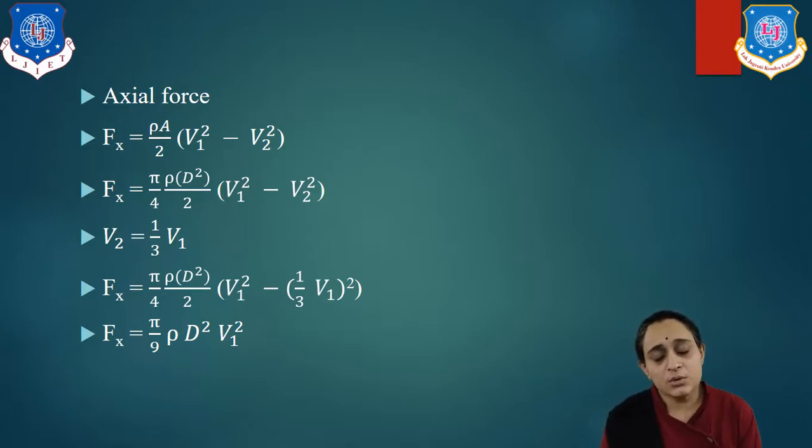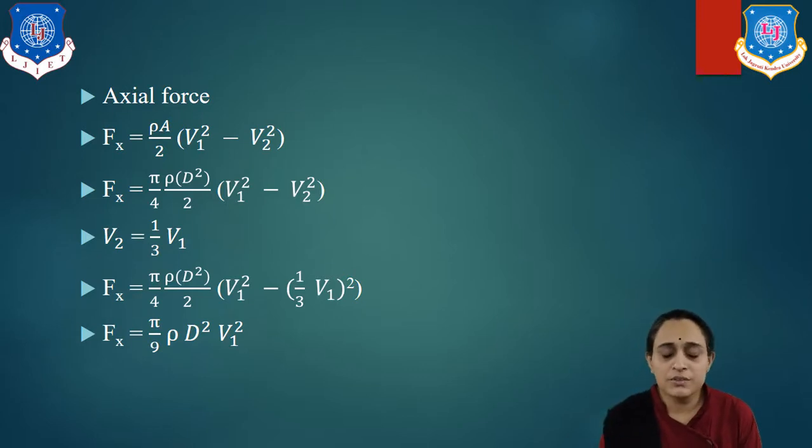So finally we will get the axial force equation as pi by 8 rho d square, V1 square minus V2 square. Now if we want to find out the maximum axial force, then we have to write down the maximum velocity equation. So here we have already got the equation as V2 is equal to 1/3 of V1. So let us put this equation for getting the maximum axial force, so that we will get Fx maximum as pi by 8 rho d square, V1 square minus 1 by 9 V1 square.